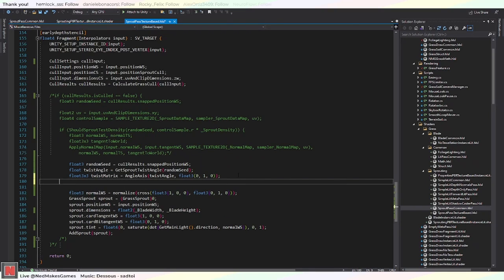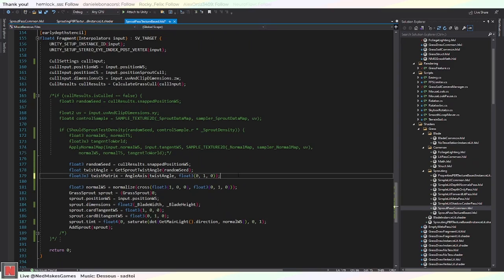And okay, so now for this, instead of just using this straight value, we would multiply it with the twist matrix.